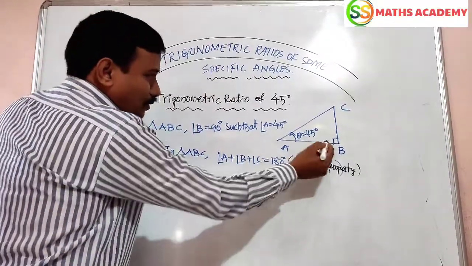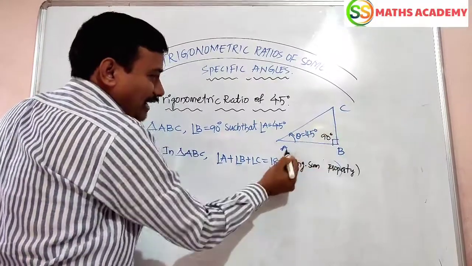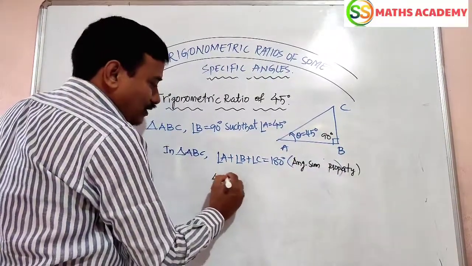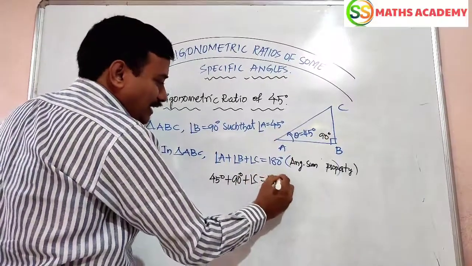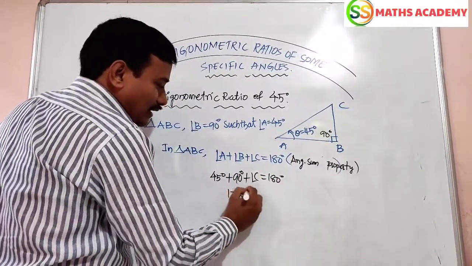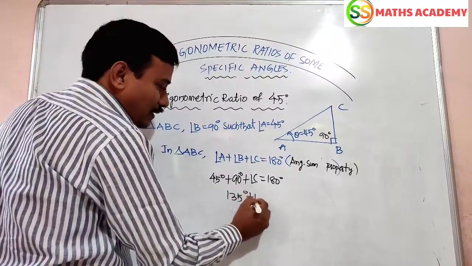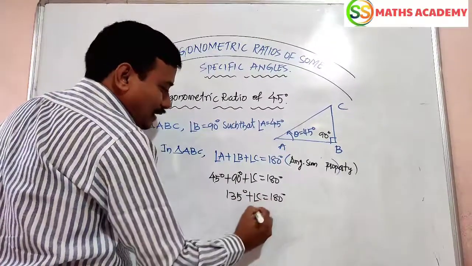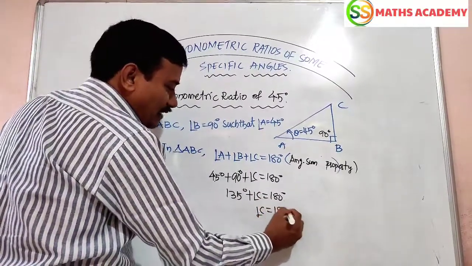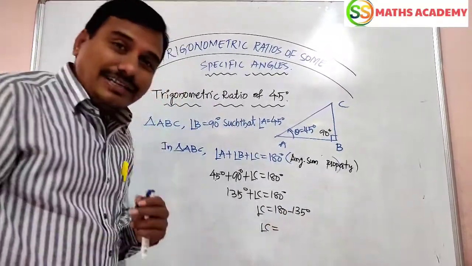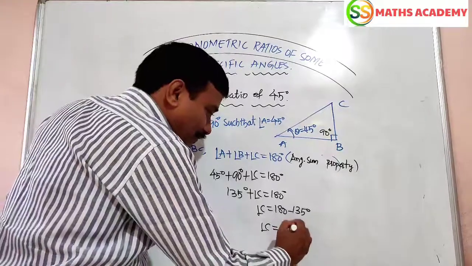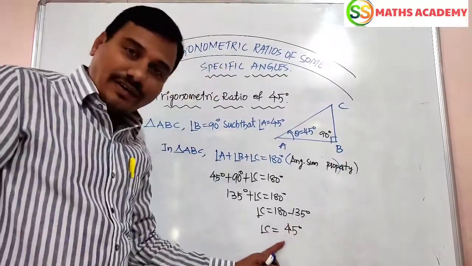Angle B is 90 degrees and angle A is 45 degrees; substitute very neatly. That equals 180 degrees. Now 135 plus angle C equals 180 degrees. Transferring 135 to the right side changes its sign, so 180 minus 135 is 45. So angle C equals 45.